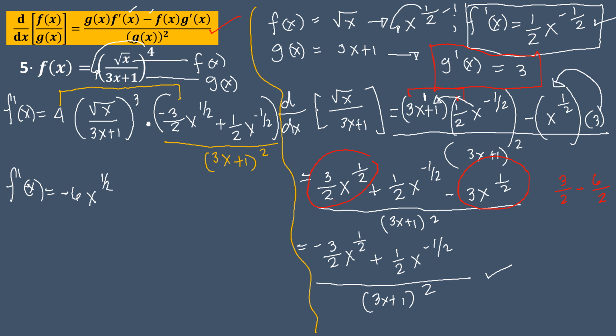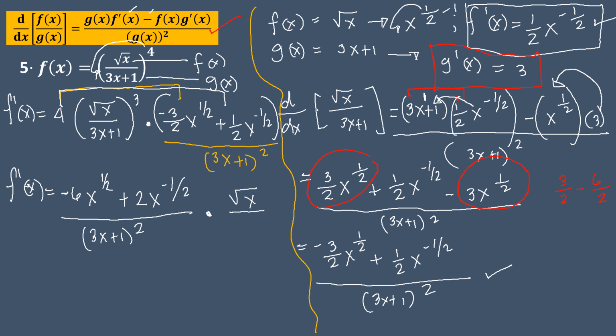Then 4 times 1 half x to the negative 1 half will give us 4 times 1 is 4, divided by 2 is 2, and then x to the negative 1 half, over 3x plus 1 to the power of 2, and this will be multiplied to this one, square root of x.